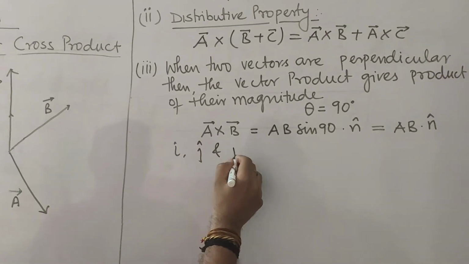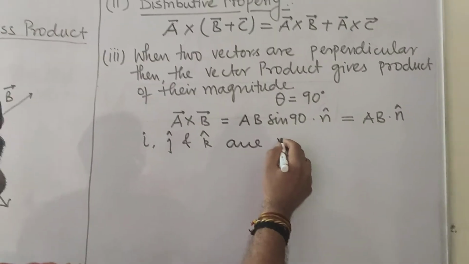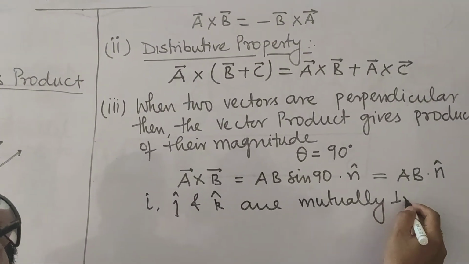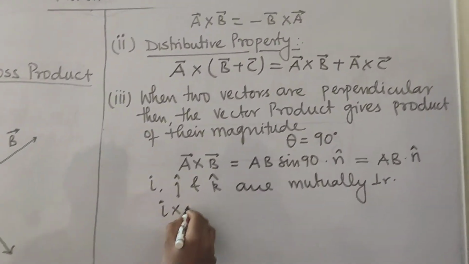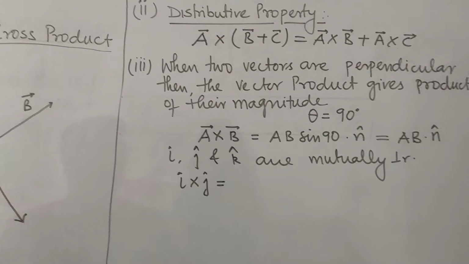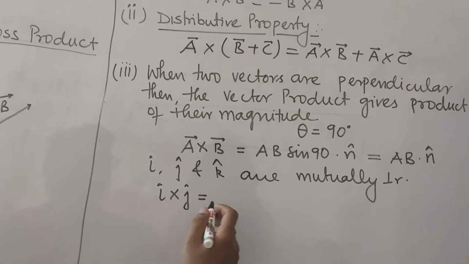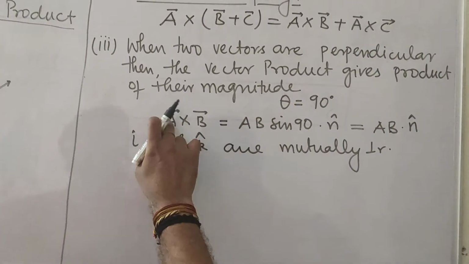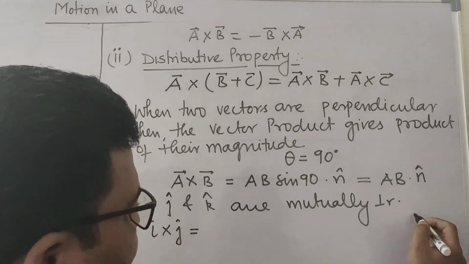So if I apply this on the orthogonal unit vectors i cap, j cap, k cap, which are mutually perpendicular, then i cross j is equal to, now you can see this vector is perpendicular to both these.